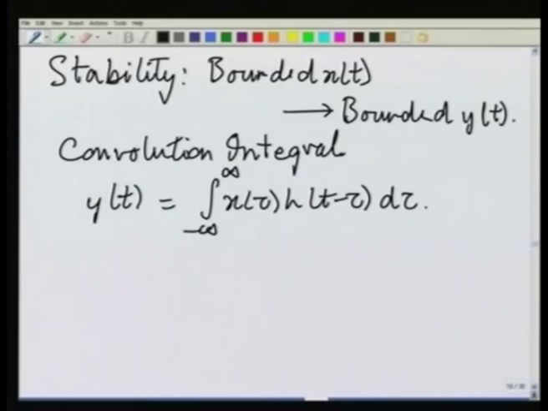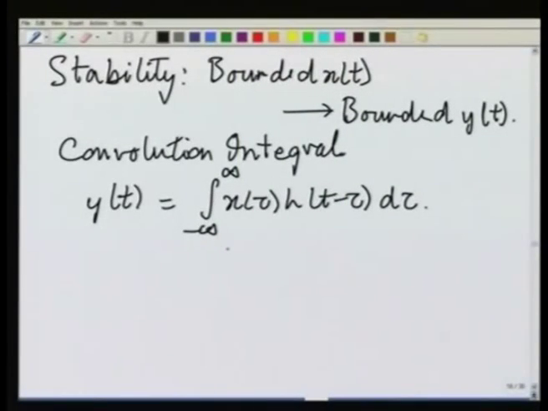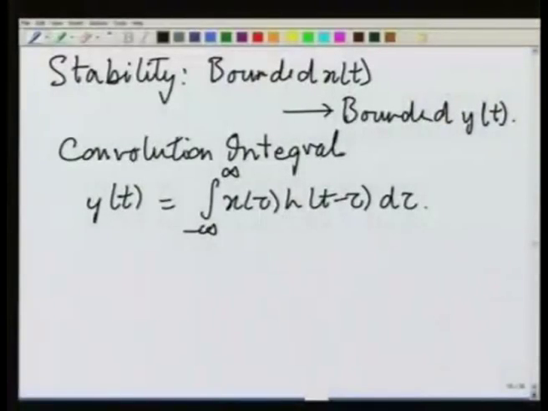Now, let us note that y(t) is an integral of values of x(t). So, we are now interested in a bound existing for y(t) when a bound exists for x(t). A bound, as we know, is a limit on the absolute value of the function. So, what is the absolute value of y(t)?